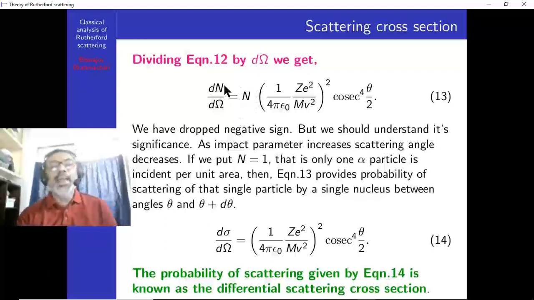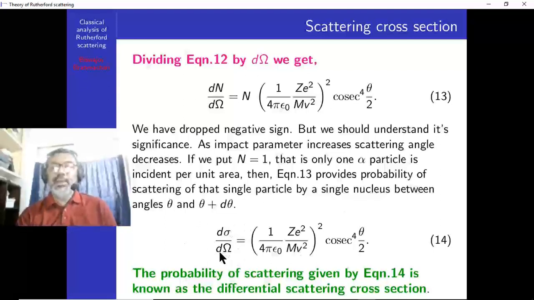So then dn by d omega is written as d sigma by d omega. d sigma by d omega is the expression for dn by d omega when n equal to 1. That means we get 1 by 4 pi epsilon naught z square by mv square whole square cosec 4 theta by 2, and this d sigma by d omega is called the Rutherford scattering cross section.